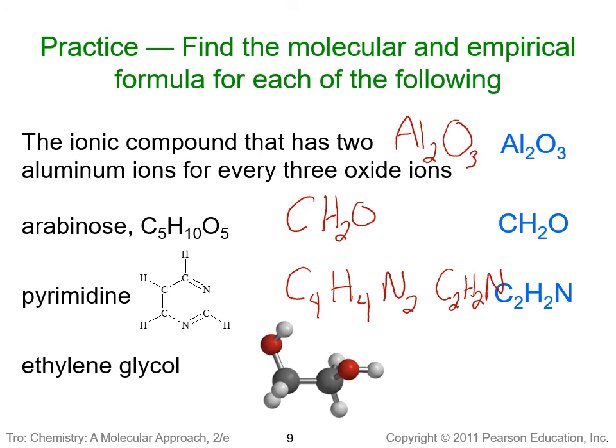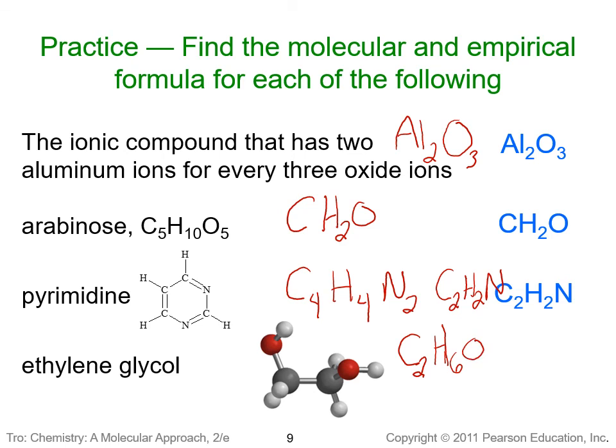Ethylene glycol is shown to us in a ball and stick model. And now we have to use the colors to help us identify the formula. So carbon is black, and there are 2 carbons. Hydrogen is white, or grayish in this case, and there are 6 hydrogens.